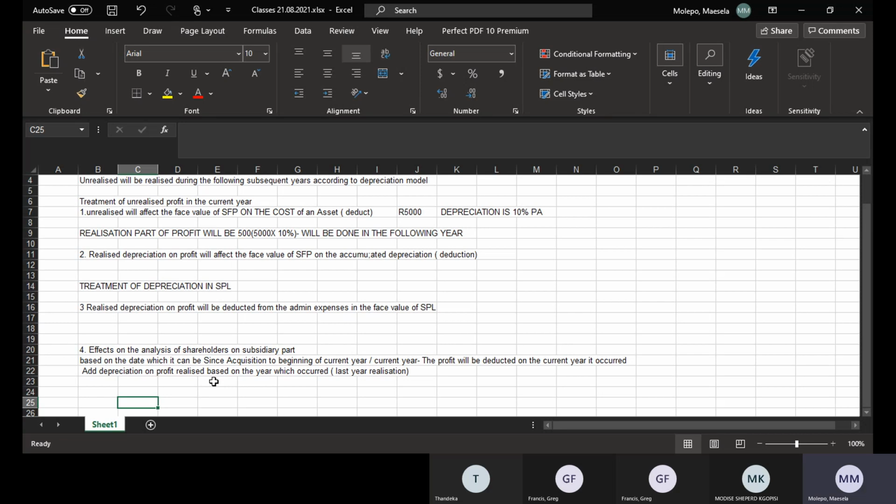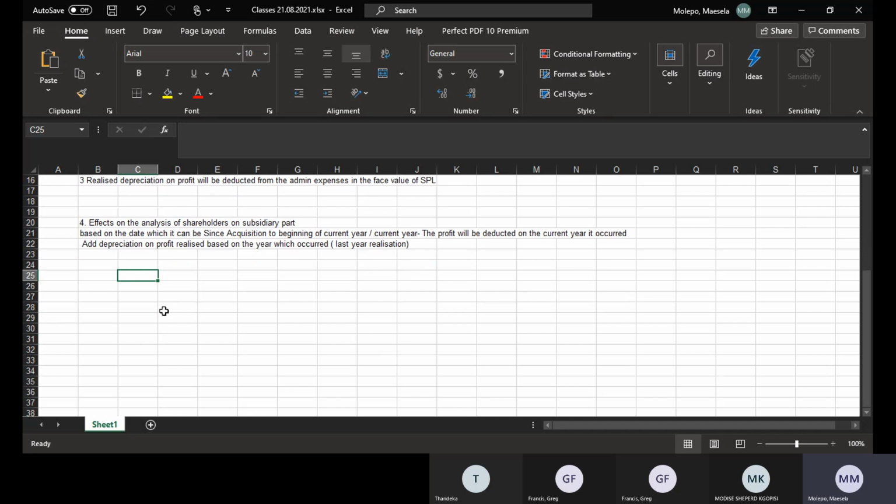Then now let's see how we're going to tackle this. We're going to start with our analysis of shareholders. So when we go to our analysis of shareholders, it's going to be the same setup that we used to. Y Limited is our subsidiary.